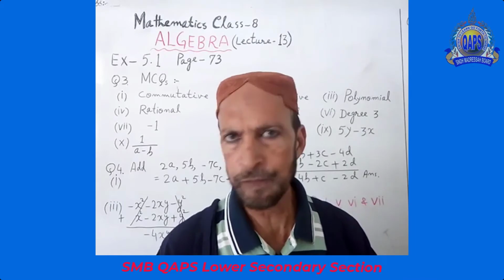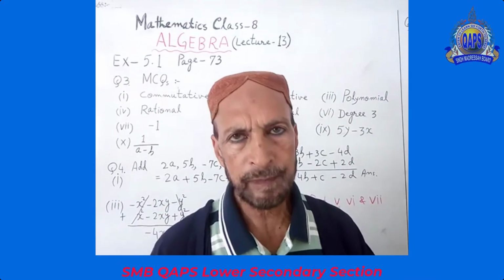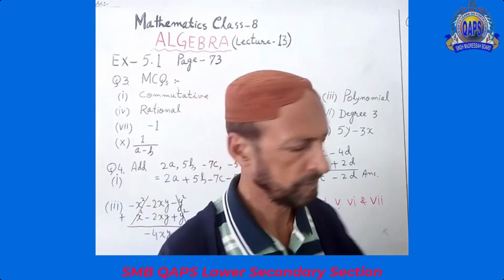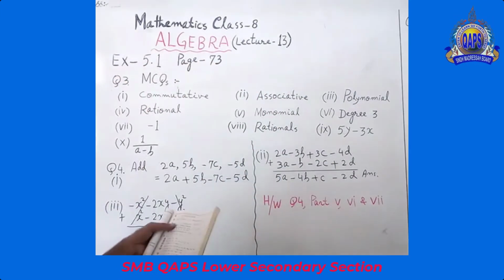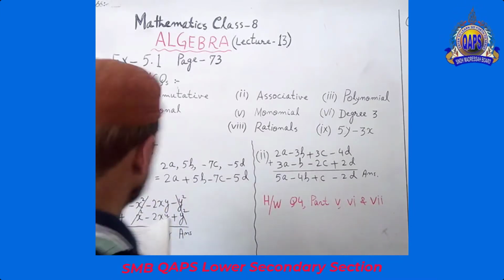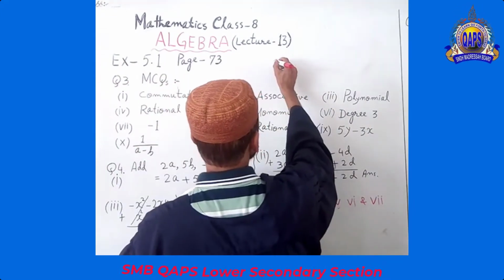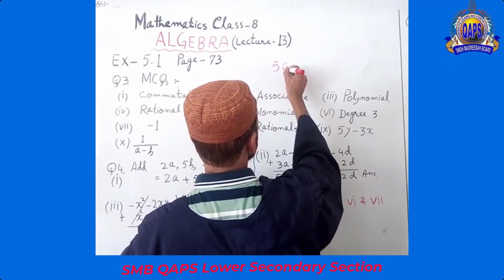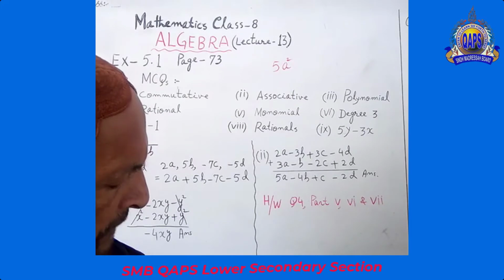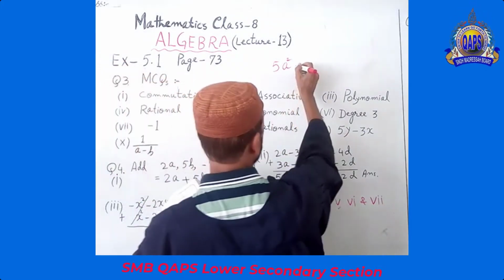Maybe you have some confusion, so let me explain it. I will write it over here so you will understand. 5a square minus a minus 4.